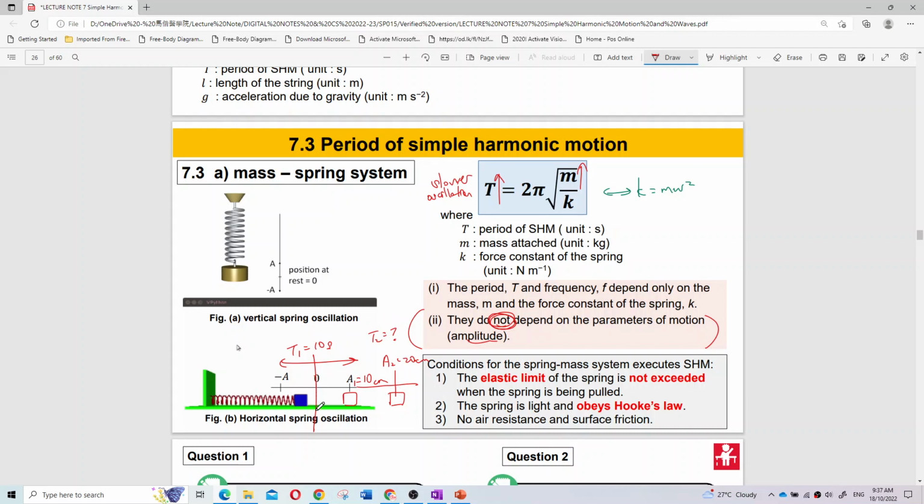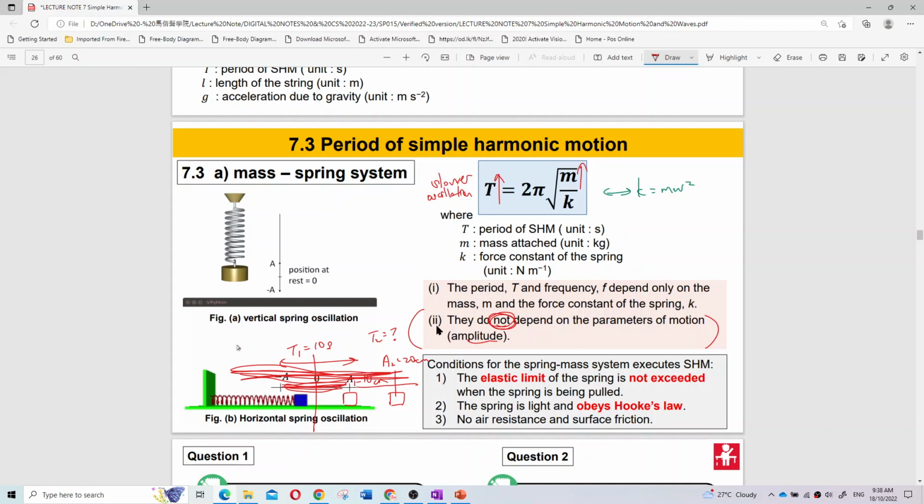Will it be longer because of the longer distance? Last time it oscillated just around here. Now I make it 20 cm, and it oscillates with bigger amplitude, longer distance. So does it take a longer time? Yes.